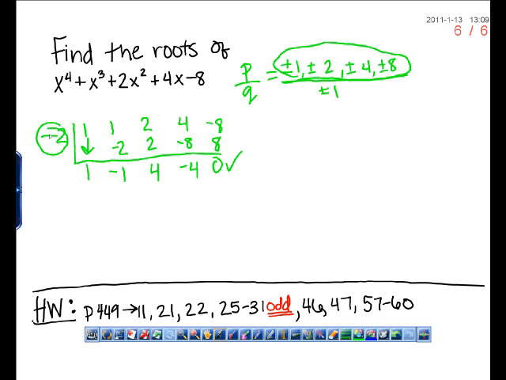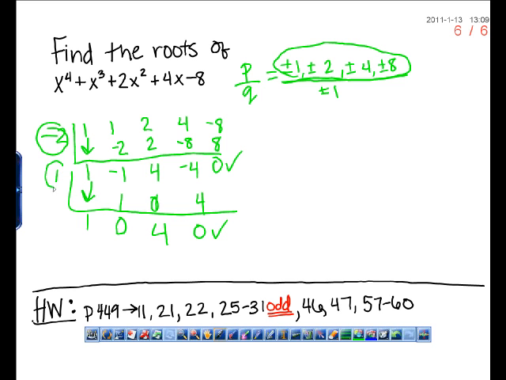Based on our graph, what else should we try? 1. So I'm going to try it with the coefficients that I have remaining here. Does 1 work?